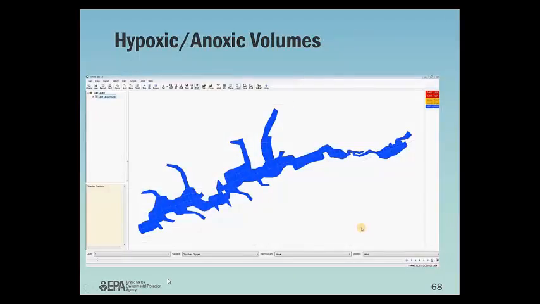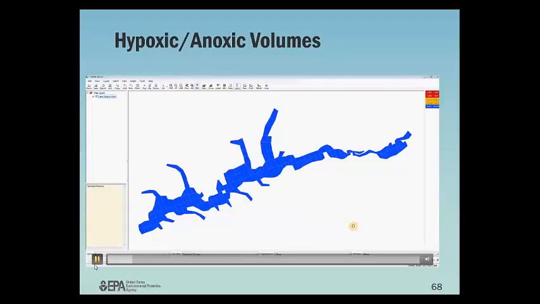Okay, another way to look at model output is to animate your model in space and in time. Here we're looking at the bottom layer of our lake model.